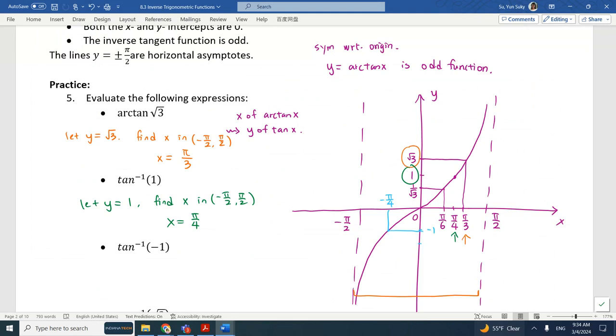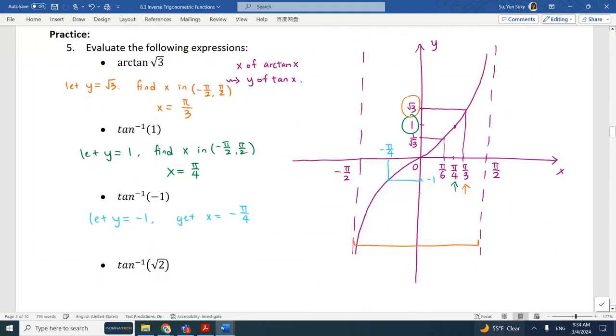So y equals negative 1, and then the x is negative pi over 4. Is that okay, everybody? All right. How about arctangent of square root of 2? Square root of 2 is not a common angle value.